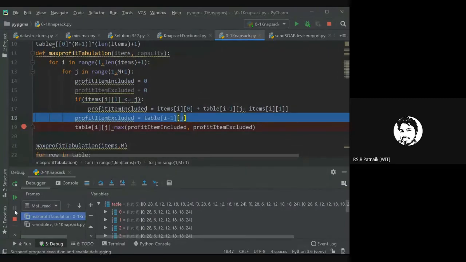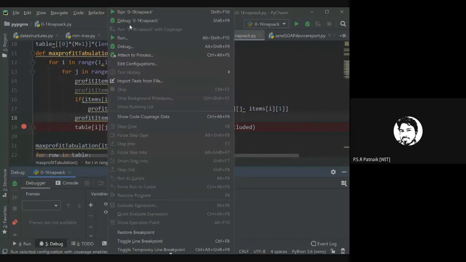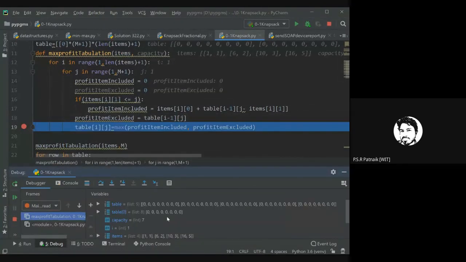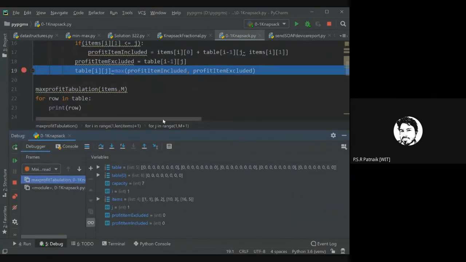Let me pause this debug session and re-debug it. Okay, so now it is all zeros, zeros, and zeros. You see the value for table, the table item zero.